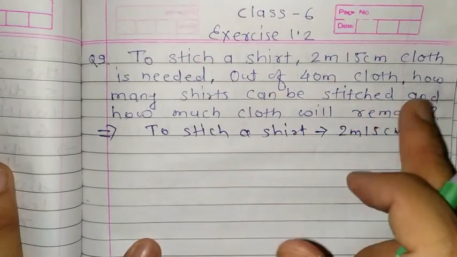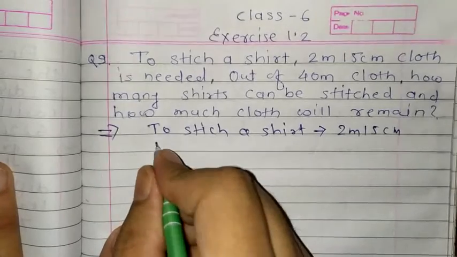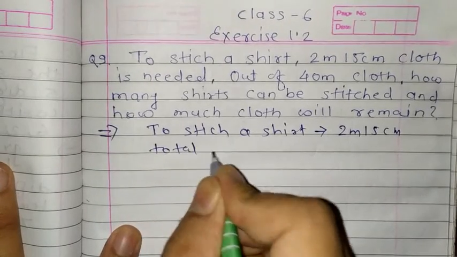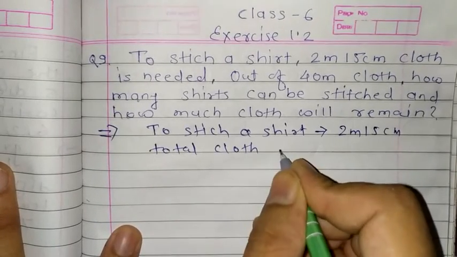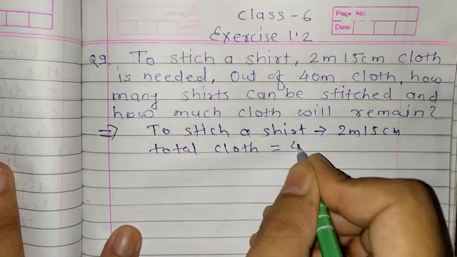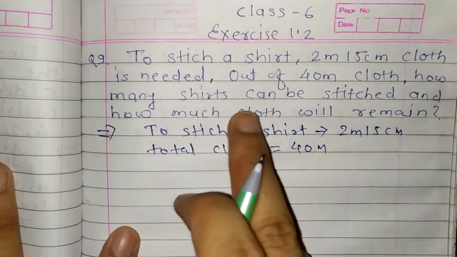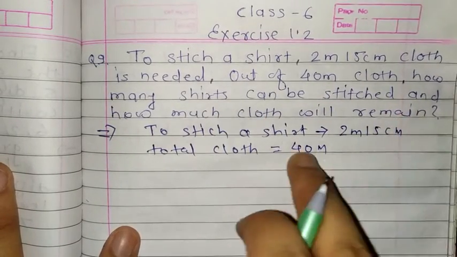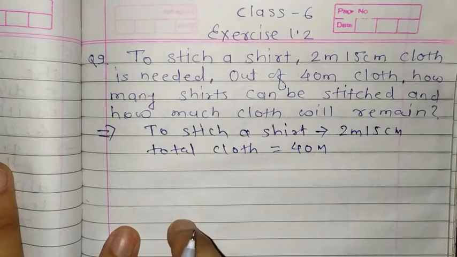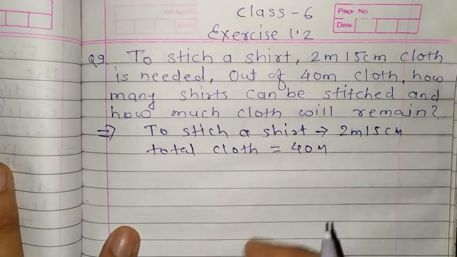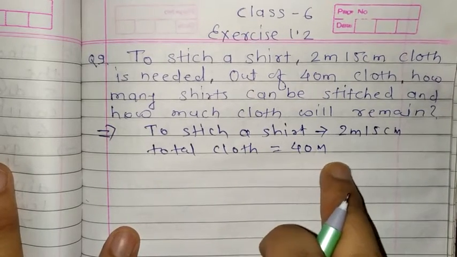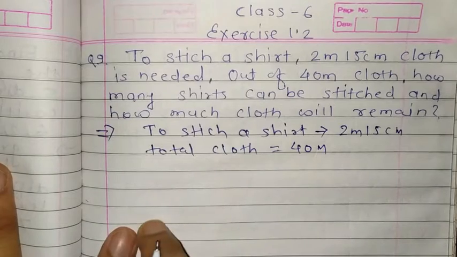And out of 40 meter cloth, it means the total cloth is how much? 40 meter. So they are asking how many shirts can be stitched using 2 meter 15 centimeter, and how much remains out of 40 meter cloth.